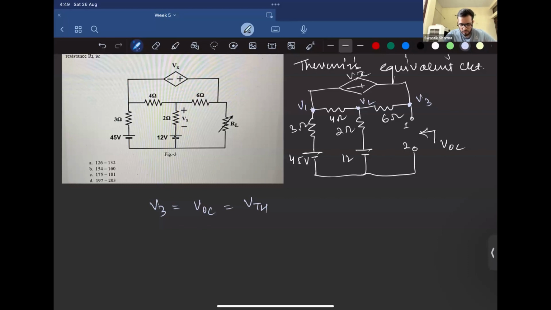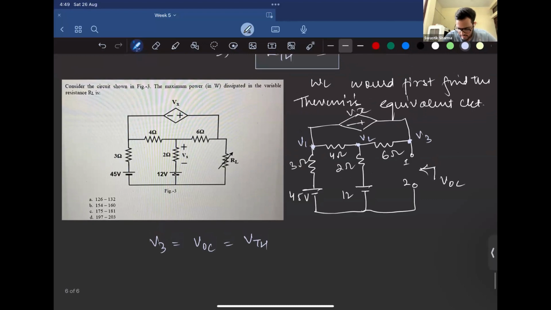So can anyone tell me, if between two non-reference nodes we have this dependent source connected, can we treat it as a supernode, Renessa? So we are solving this question.